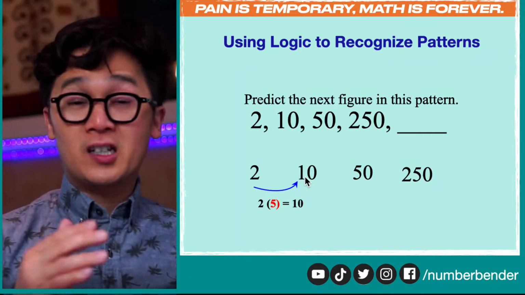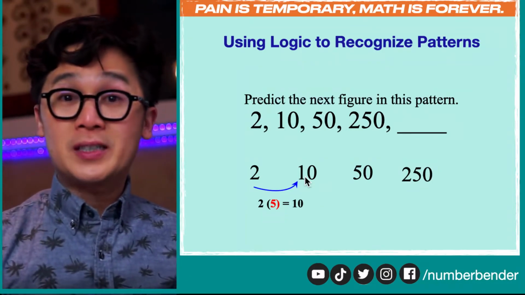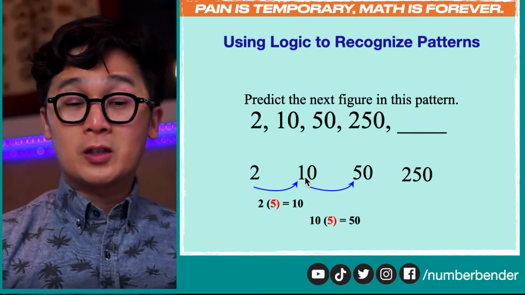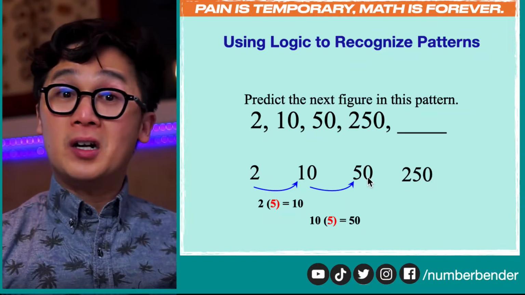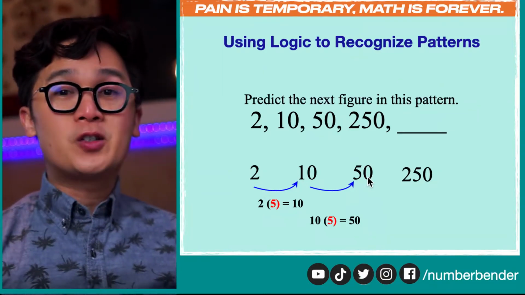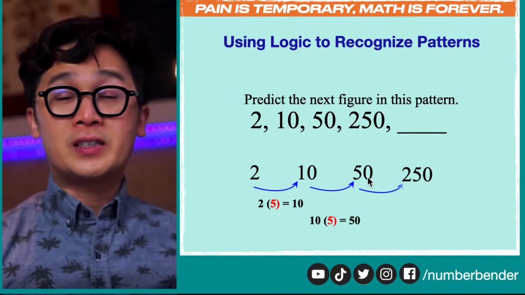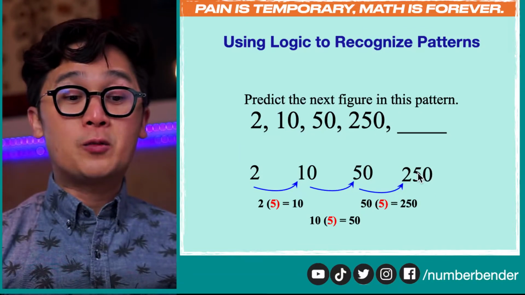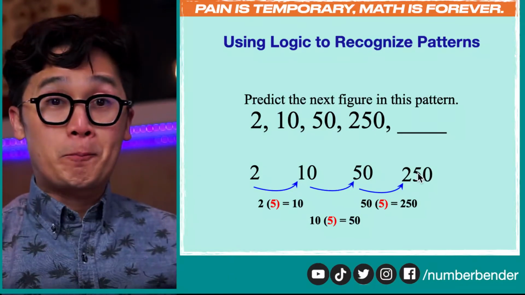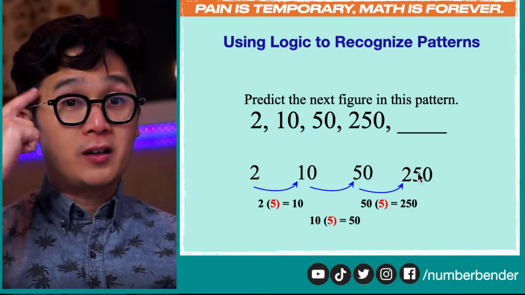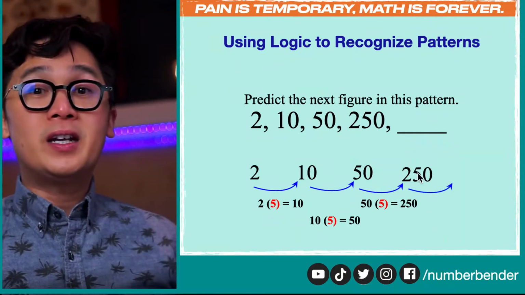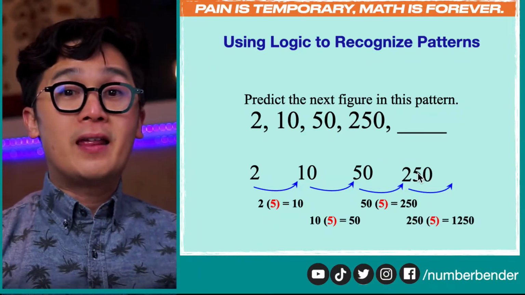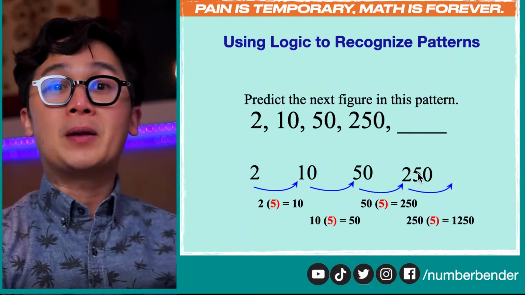Now, does this assumption also apply to 50? Let's check. If we multiply 10 by 5, it is also equal to 50, so that means our assumption is somehow correct. From 50 to 250, if we multiply 50 by 5, it equals 250, which is still correct. Using the pattern that we are recognizing through logical thinking, the next number is 250 multiplied by 5, which is equal to 1250.